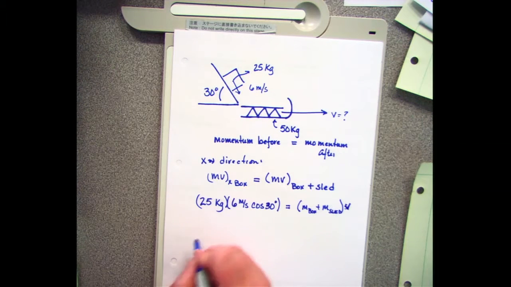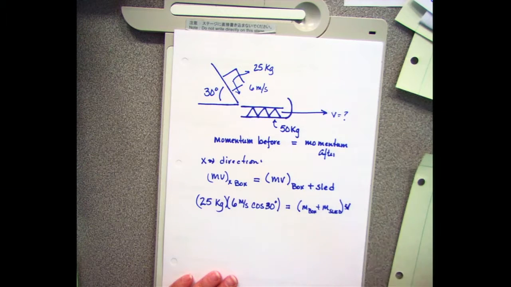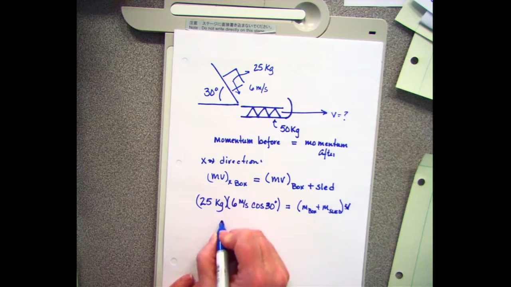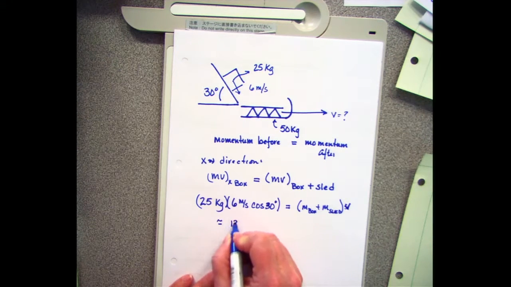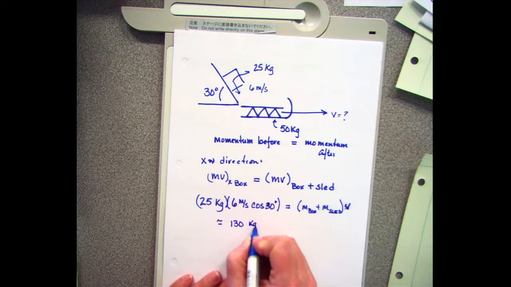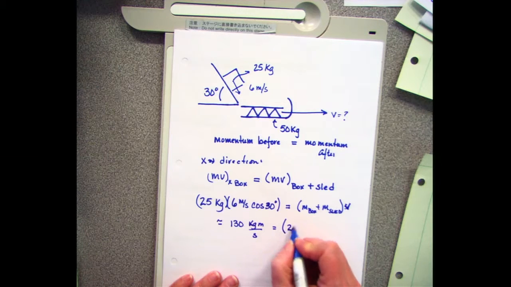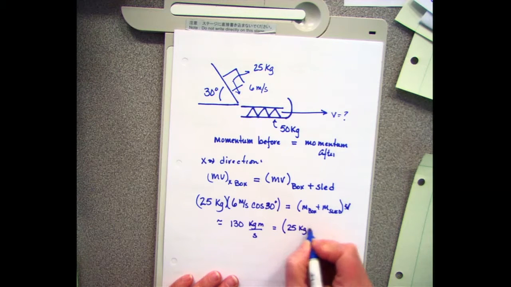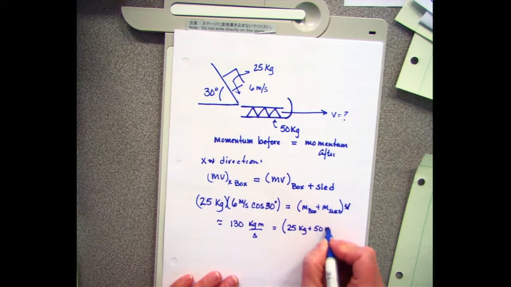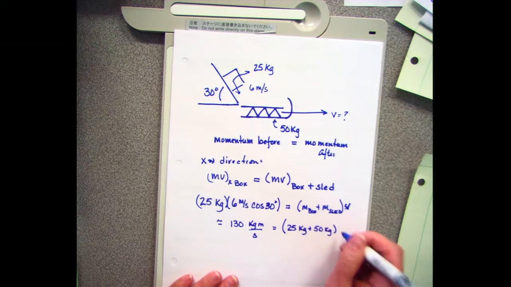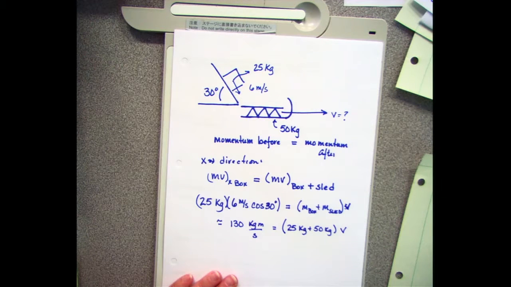In this case, this works out to be about 130 kilogram meters per second. My box is 25 kilograms, my sled is 50 kilograms, times the velocity that we don't know.